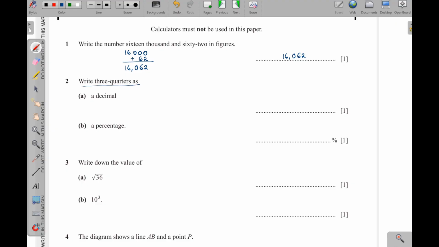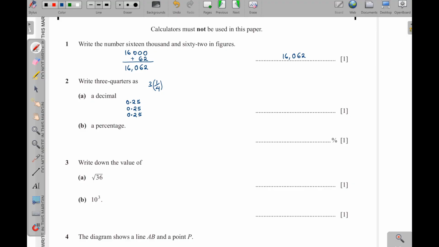Question 2, write 3/4 as a decimal. You know, a quarter is 1/4. Okay, so 3/4, you get this times that. So as a decimal, a quarter is 0.25. So if there are 3 of them, then we have another 0.25 and then another one.